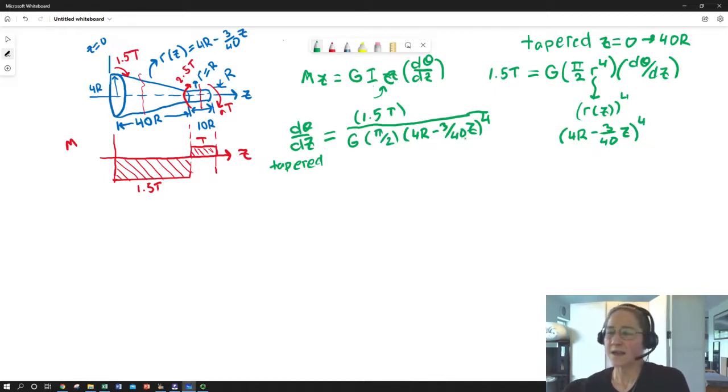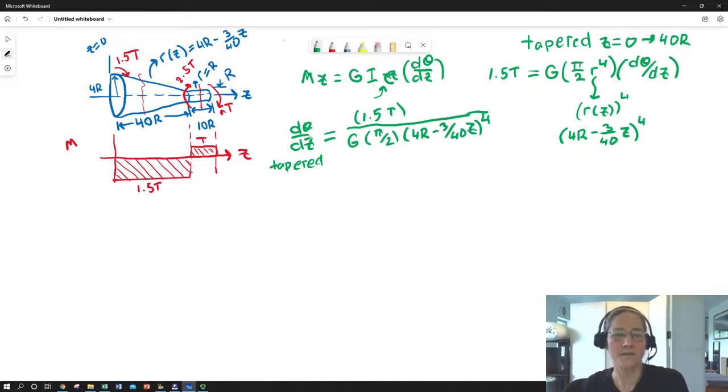In a non-tapered profile, say a straight shaft, there wouldn't be this z term. There would be a constant r, and so the twist rate is constant, not changing.